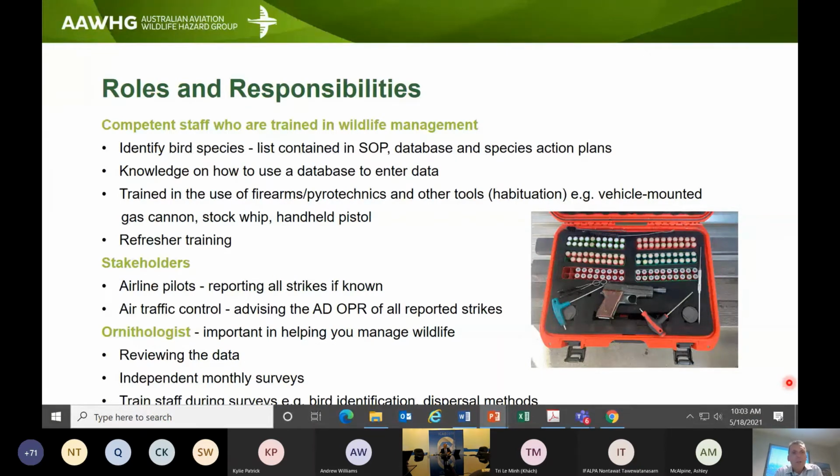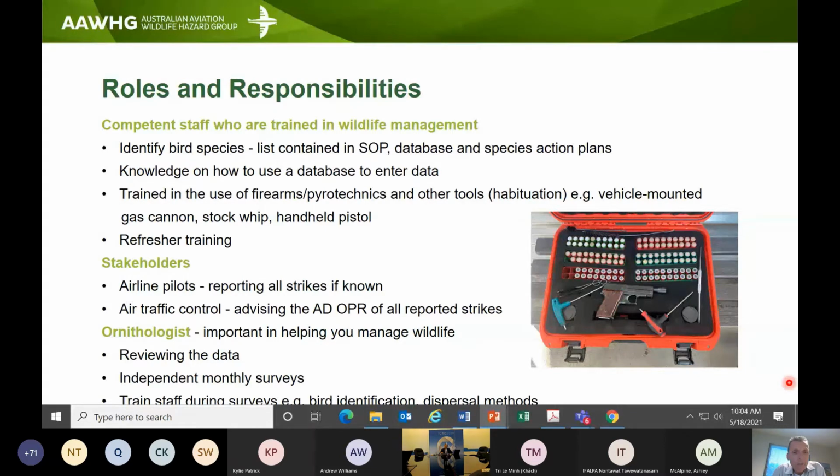It's important to ensure that staff know their roles and responsibilities. One of the areas that is quite important is to have competent staff who are trained in wildlife management, and this is key to implementing a wildlife management plan. Without trained staff, they simply won't have a good understanding of what the wildlife will do on an airfield and what their behaviour is.